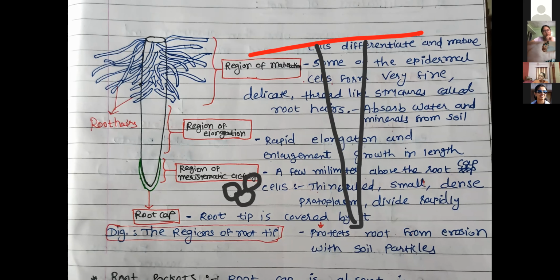Once the plant cell becomes mature, it loses its elasticity. Over here, they are just immature. They are in their meristematic state. You know that they are undergoing continuous cell division, right? So that's why these meristematic cells have elasticity in their cell wall.